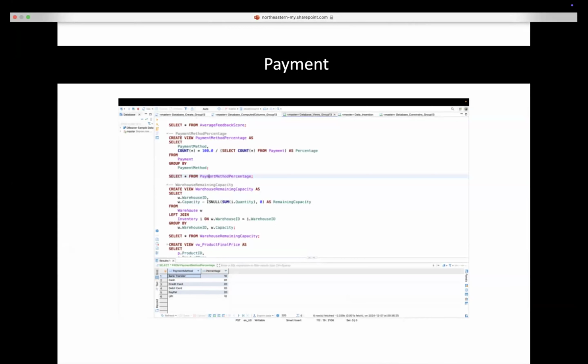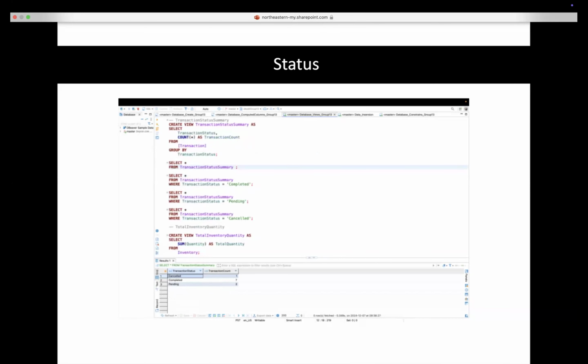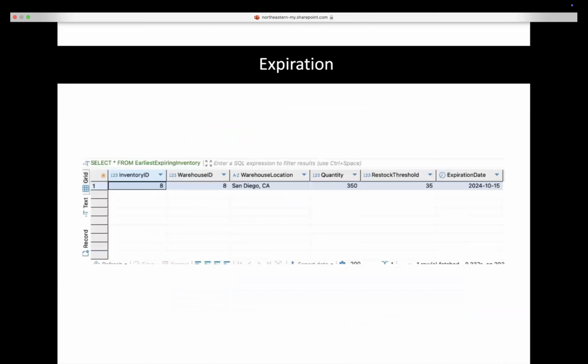For example, if we notice there's a lot of PayPal payment at one of our locations, we may need to add more devices like NFC devices there to give our customers a better shopping experience. We also have the status view, which shows the number of canceled, pending, and completed orders. And this is super important for us to run a grocery store.